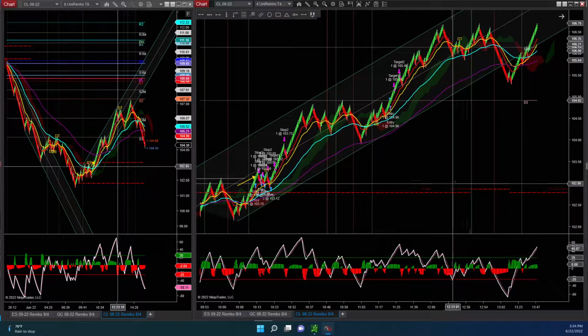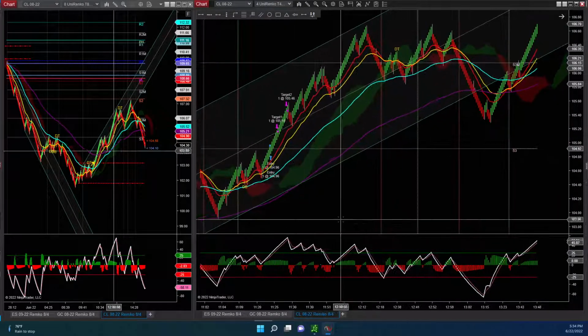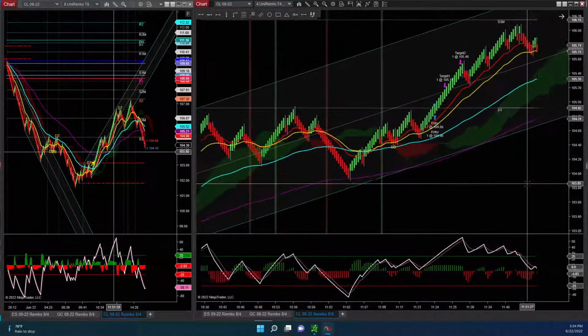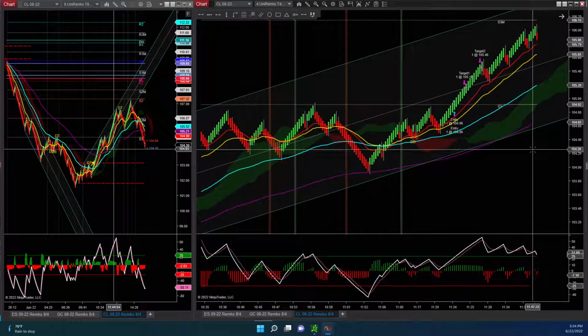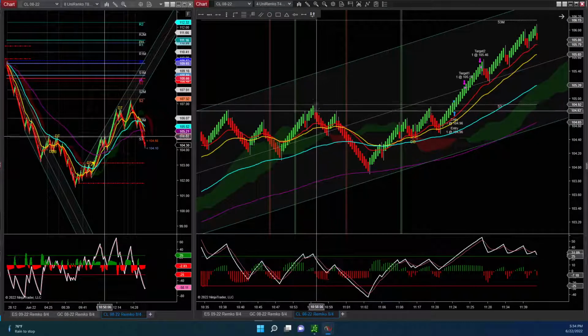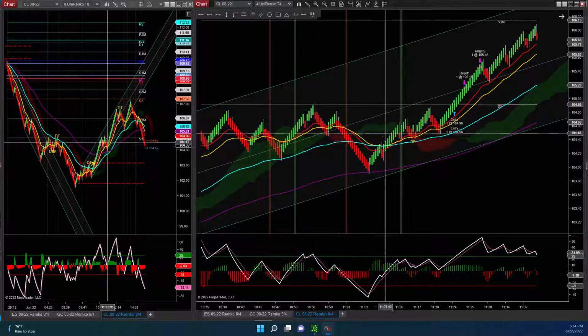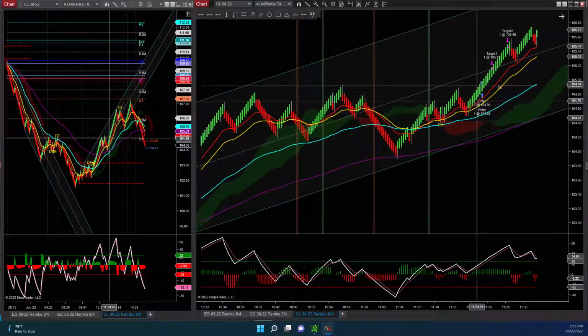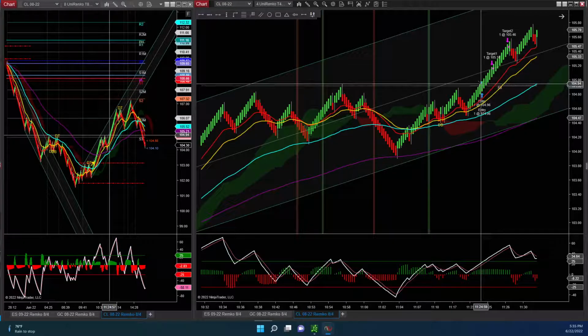Yeah. So let's see this setup here. This is a consolidation and breakout of consolidation, right? So you have consolidation here, no trades in this zone for me, and then at 11:24.